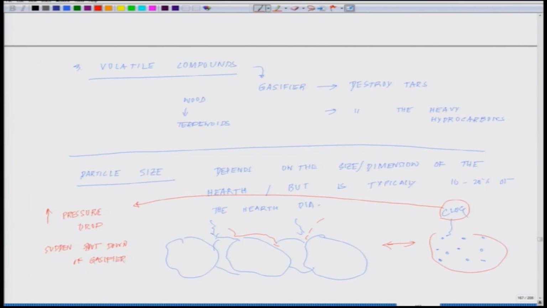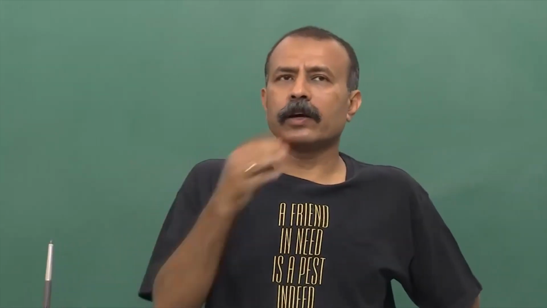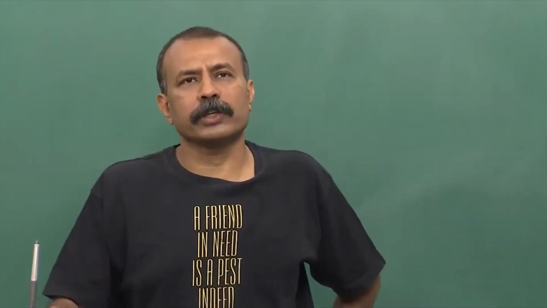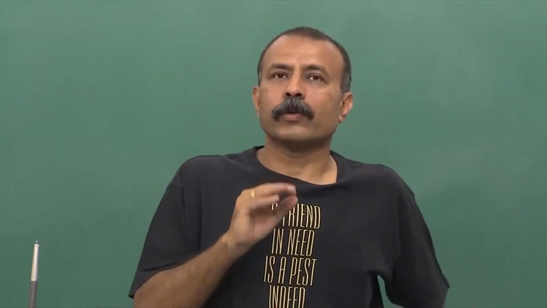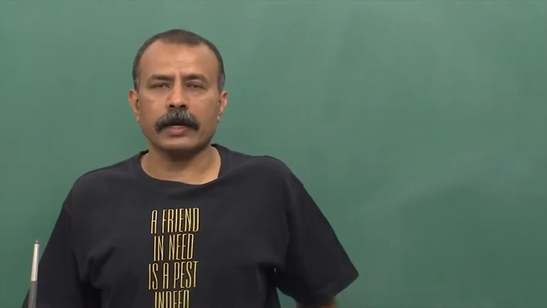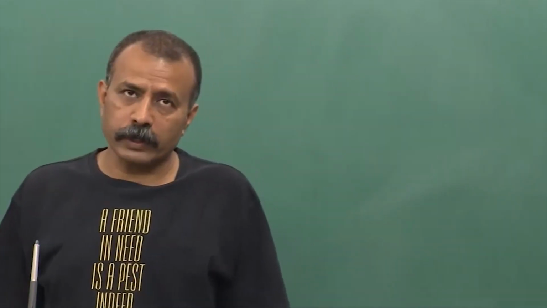Okay. Whereas if you have large particles, what you will see is that it will prevent the movement of the feed. So nothing can move through them. What you observe in this whole process is that there are multiple points of trade off. What particle size you are picking, what kind of gasifier you have, what kind of material you have, how much terpenoids and tars are coming out of it, because the more tar you have, the more you need a process to continuously filter it out.